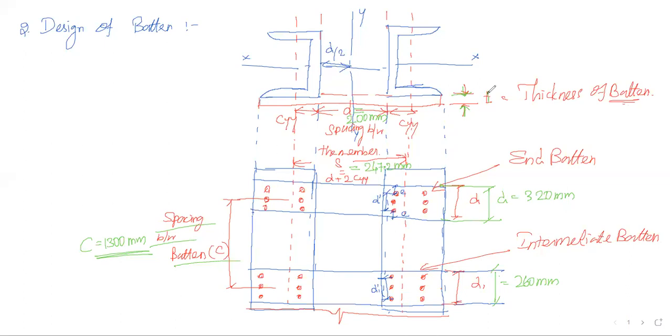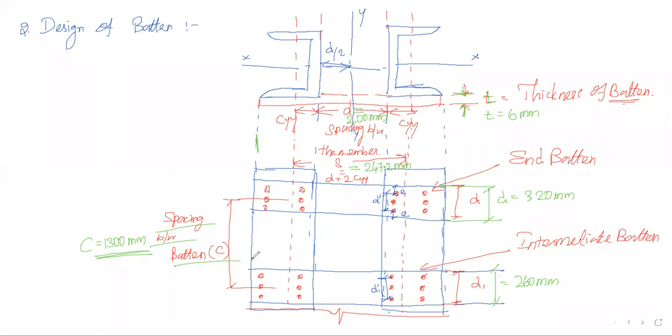So T is equal to 6 mm, the thickness of the batten. Almost everything is done except the length of the member.